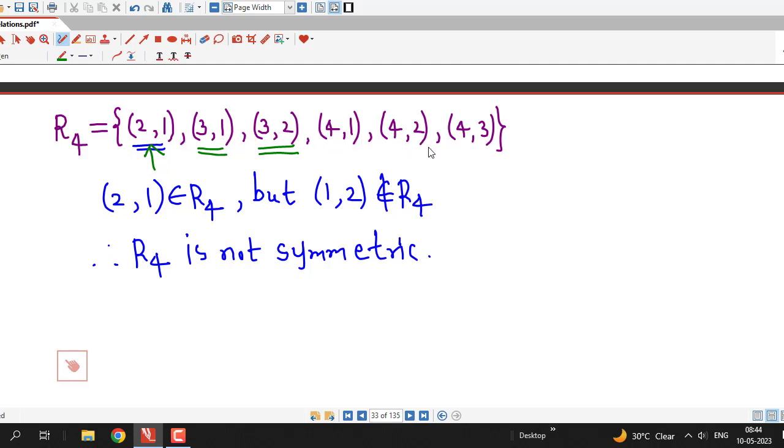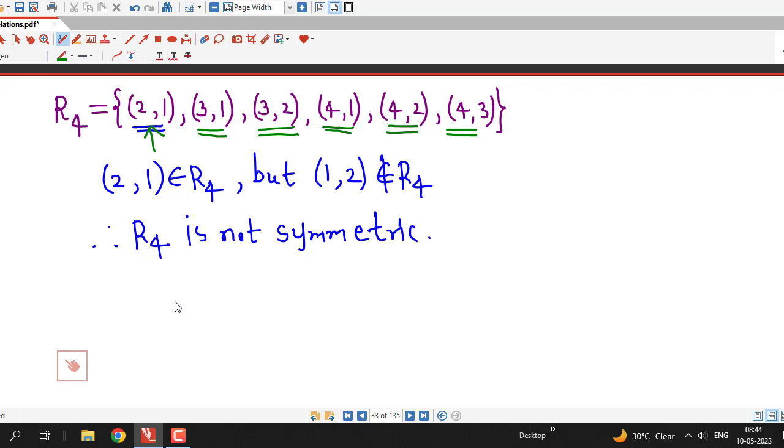So (2,3) is not present. Similarly (4,1) belongs to R4, but (1,4) is not in R4. (4,2) belongs to R4, but (2,4) is not present in R4. (4,3) belongs to R4, but (3,4) is not present in R4. This implies that R4 is antisymmetric.